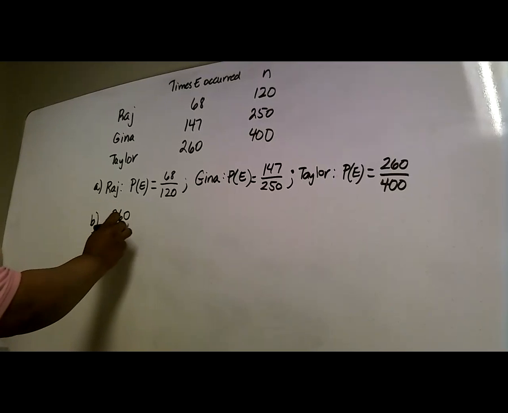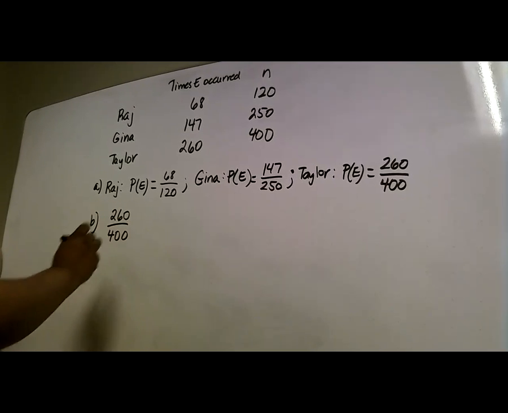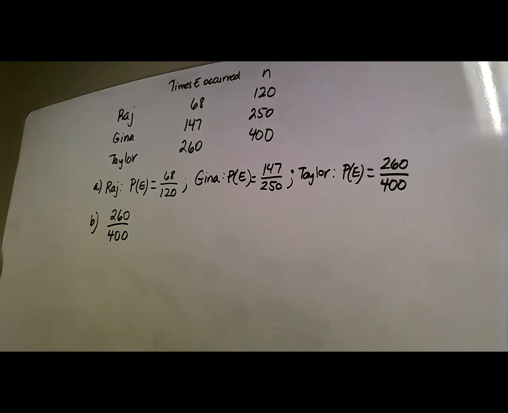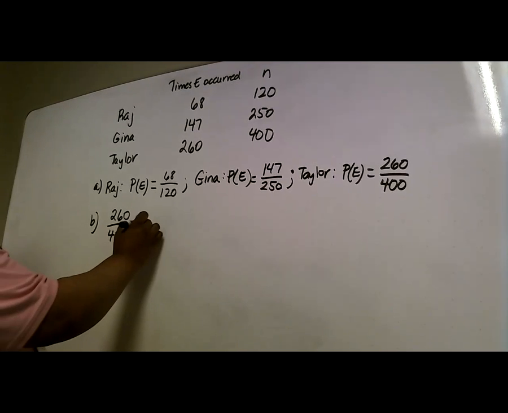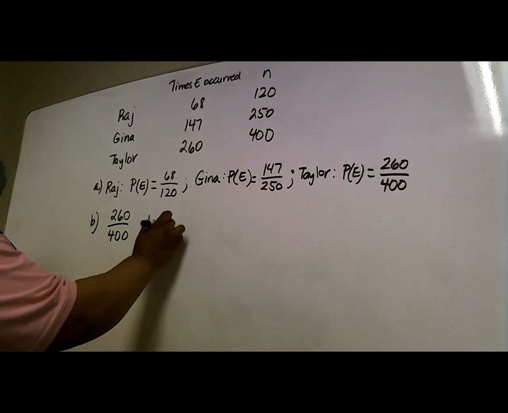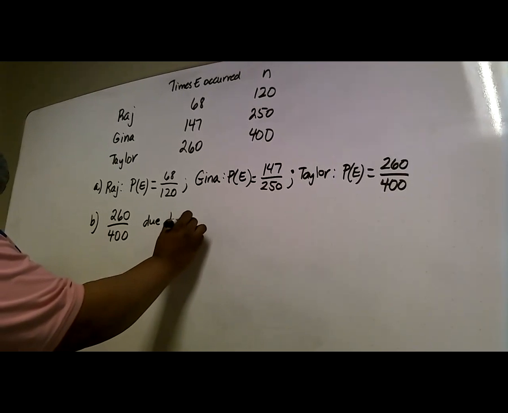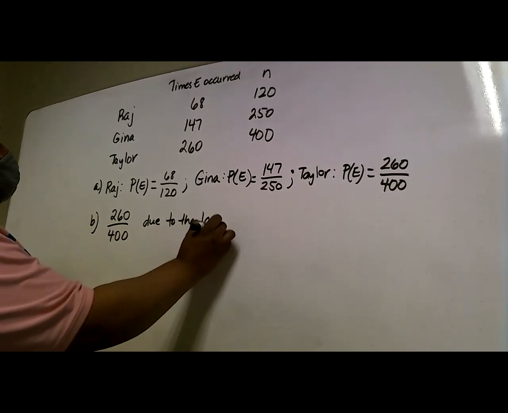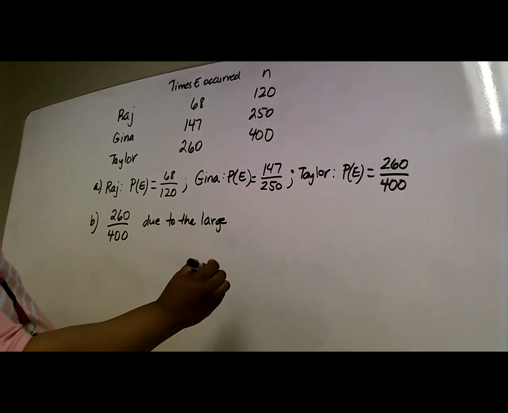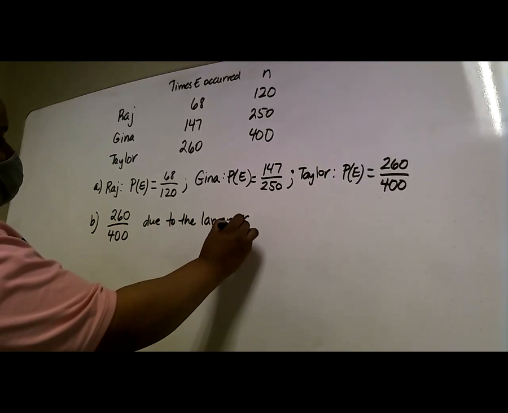The reason is that 260 over 400 is more than 1/2, more than 50%, and this is due to the larger value of n.